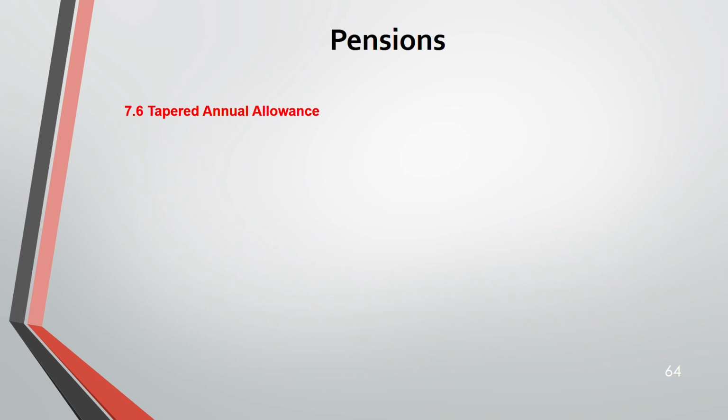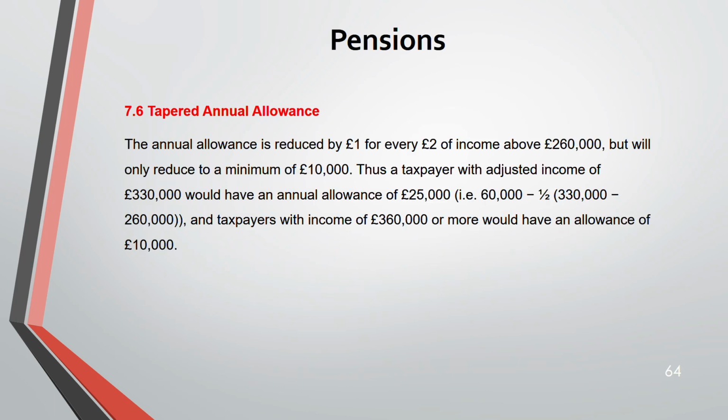Now, this works in the same way as your personal allowance is reduced once your adjusted income is more than 100,000. Here, it is reduced by 1 pound for every 2. So you deduct 260. If your income is above 260, then only the tapered annual allowance will work. Otherwise, it's not needed. But remember, when you are reducing the annual allowance, the minimum it can reduce to is 10,000.